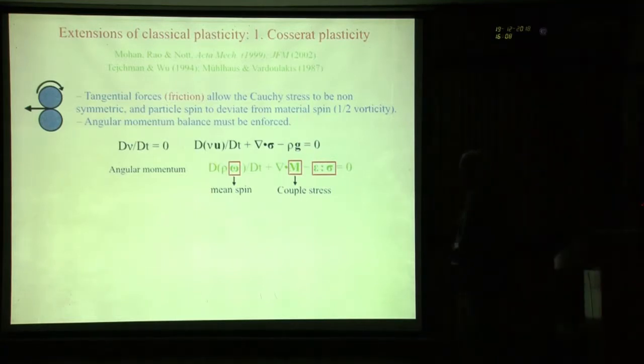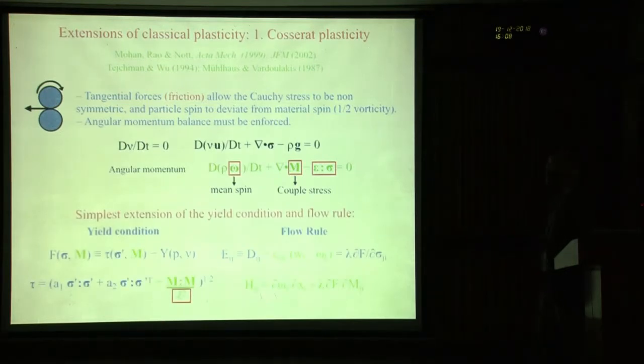But when you have grain friction, then you have to worry about enforcing the angular momentum balance. What happens is, like the Cauchy stress, you get an equivalent called couple stress, and this is just one of the polar continua models, and you can have an asymmetry in the Cauchy stress.